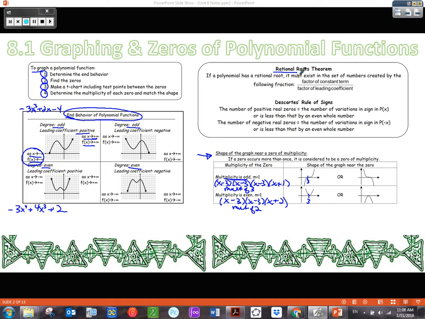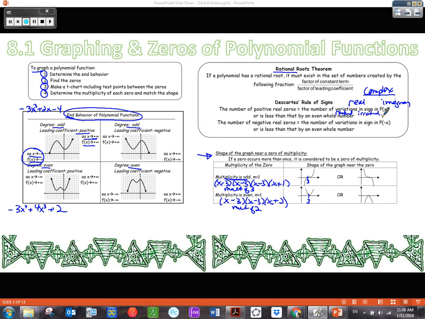What the theorem tells us is that if a polynomial has a rational root, now let's remember what rational means. Rational is a class of numbers, right? So our big category is complex numbers. Underneath complex, we have real and imaginary. And under real, we have rational and irrational.